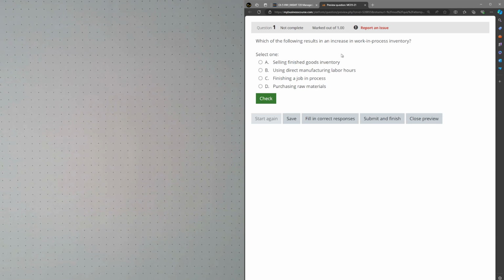So which of the following would increase work in process? Selling finished goods? Well, that has to deal with the finished goods inventory, not the work in process inventory. Using direct labor hours. Direct labor hours is one of the things that increases work in process. Finishing a job in process. Well, that's what gets transferred to finished goods. So that would decrease work in process. And purchasing raw materials only has to deal with the raw materials inventory.